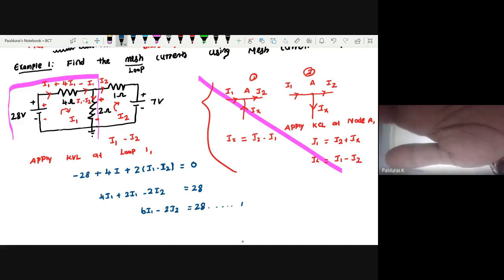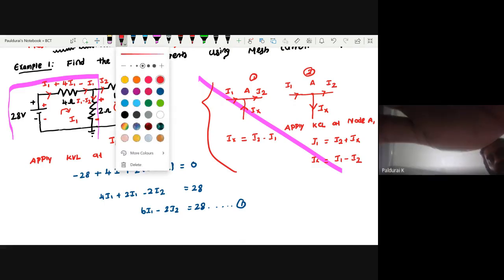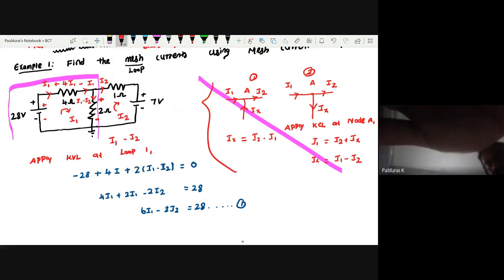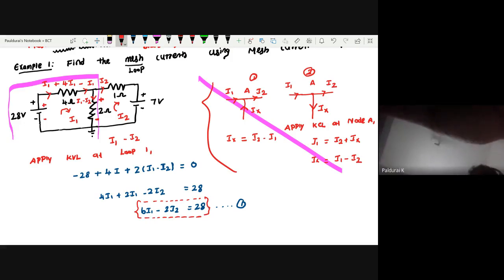Take equation number 1. Any doubt in developing equation number 1? எப்படி இந்த KVL apply பண்றோம், it's very important. Okay, very first step, you want to assume the current in clockwise direction. Okay. So any doubt in applying KVL at loop 1?